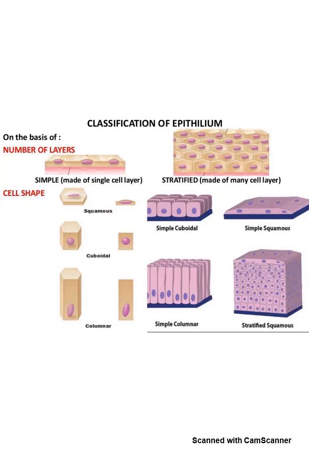The third type of epithelial tissue is columnar epithelial tissue. The word columnar has been derived from column, pillar-like. Cells are tall and less wide, placed side by side.